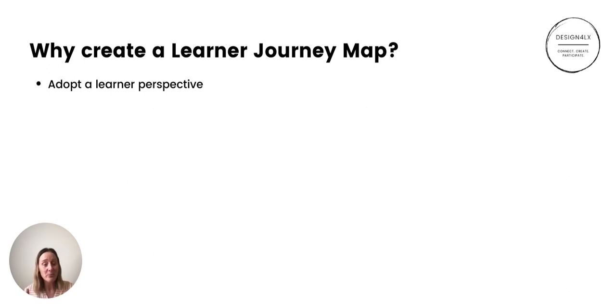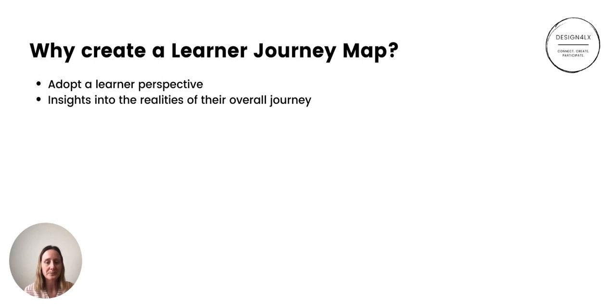This journey map will enable you to do that and help you along that process, and it feeds into learner personas, which we're going to delve into further in the next post. It gives you insights in the realities of their overall journey. So remember, the learner journey starts way before they start the actual learning in a course or a module.